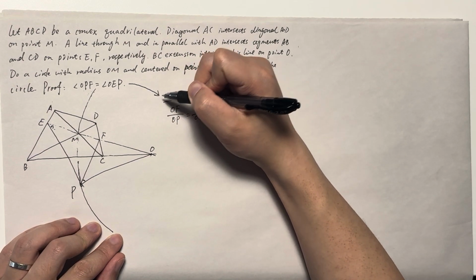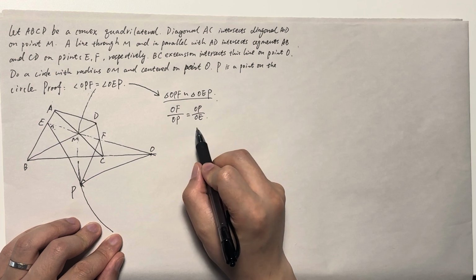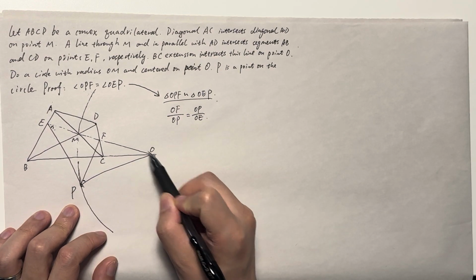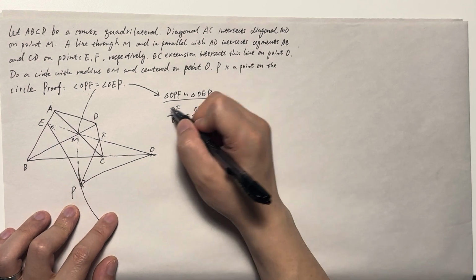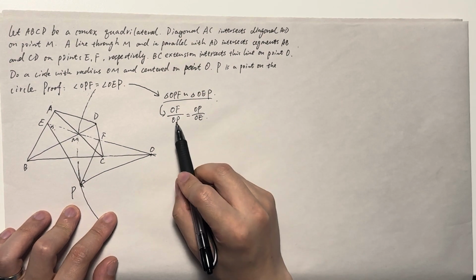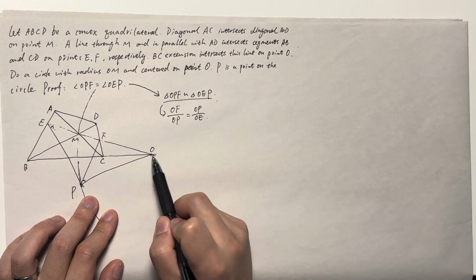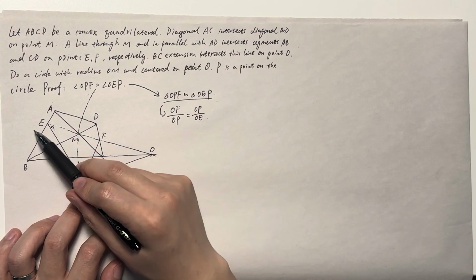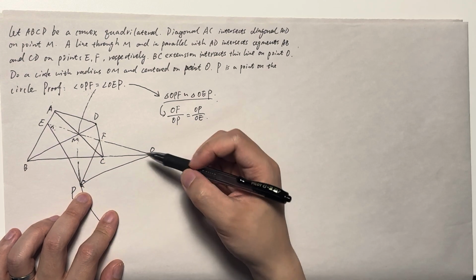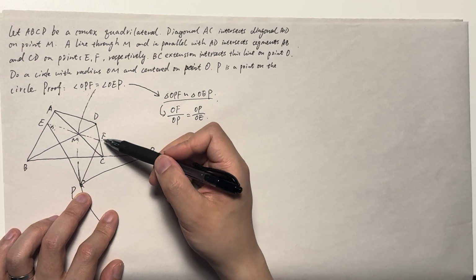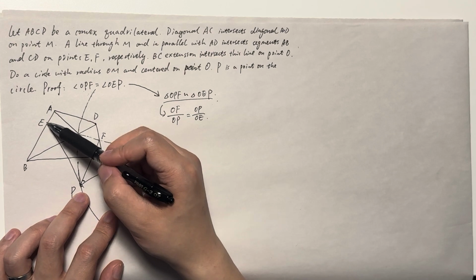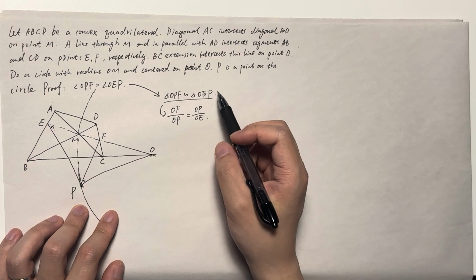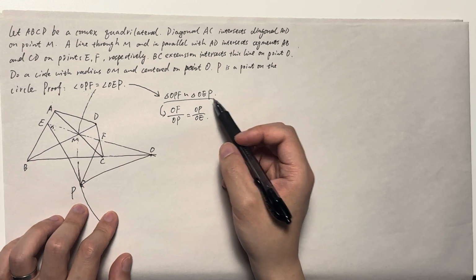Because they share the angle POE, if we can prove the ratio OF to OP equals the ratio OP to OE, and because angle FOP equals angle EOP, then we know these two triangles are similar.